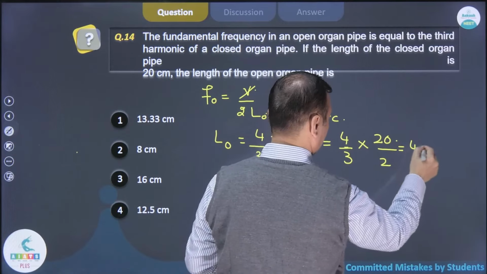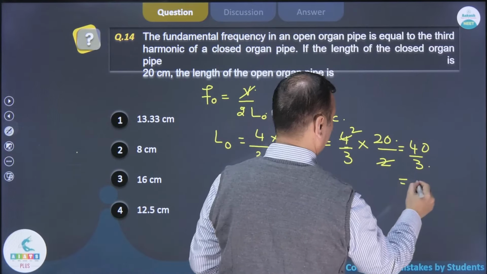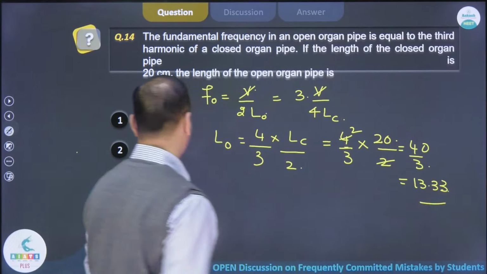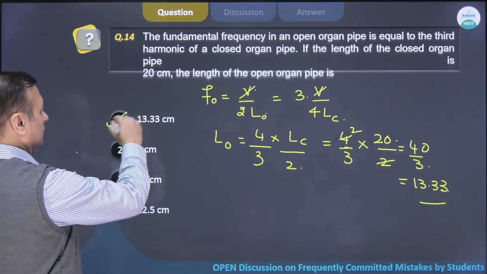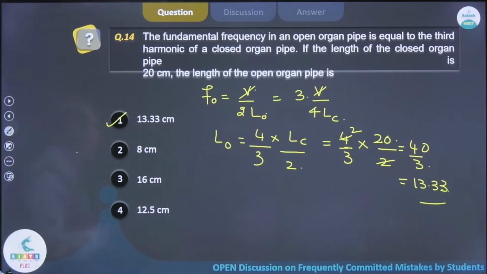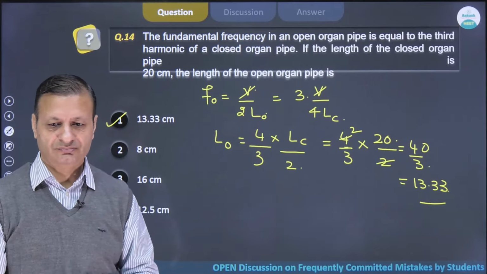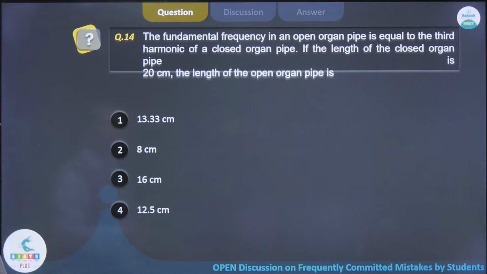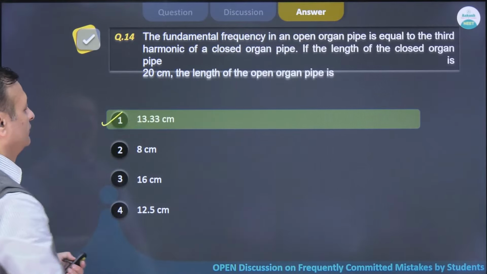So this is 40 by 3, and that gives me 13.33 centimeter. So this is option number 1 we have. Any doubt? Shall we move? Yes, so this is 13.33 centimeter.